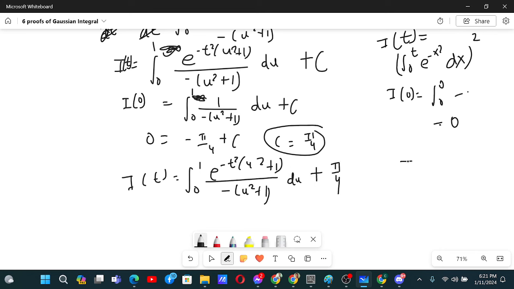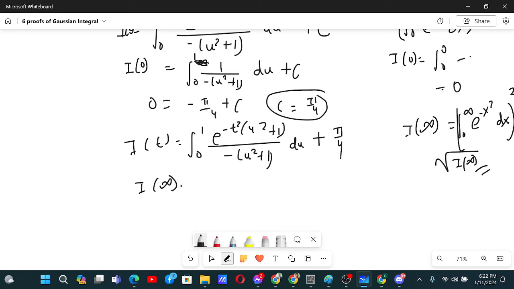Now if you find I of infinity, that will be our required integral squared. So I of infinity is this squared, so the root of I of infinity is what we want.